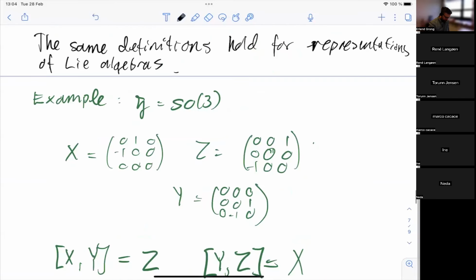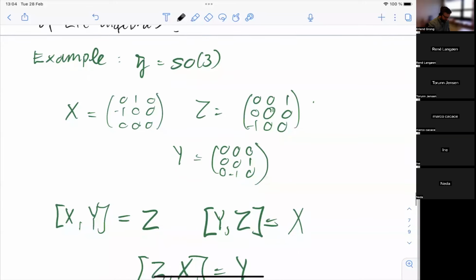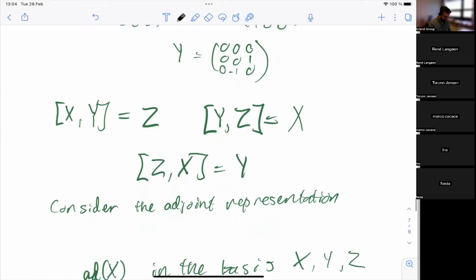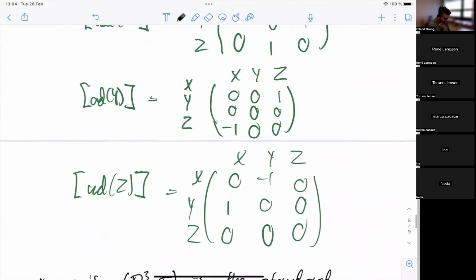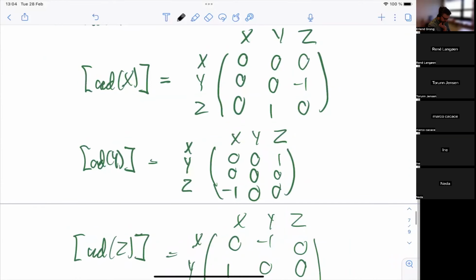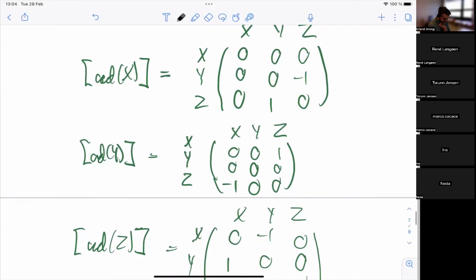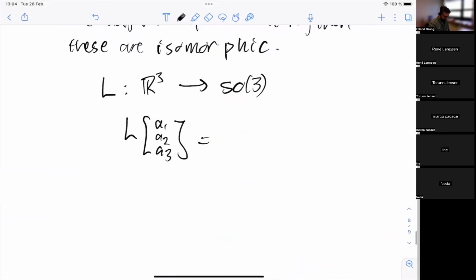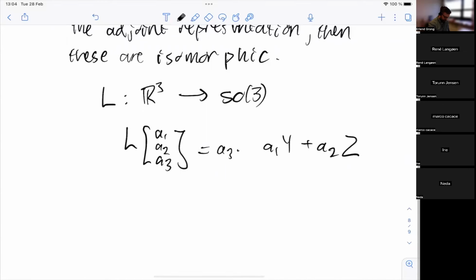So X sends y to, yeah, this is what ad X does to y, so to a1 y plus a2 z plus a3 x.